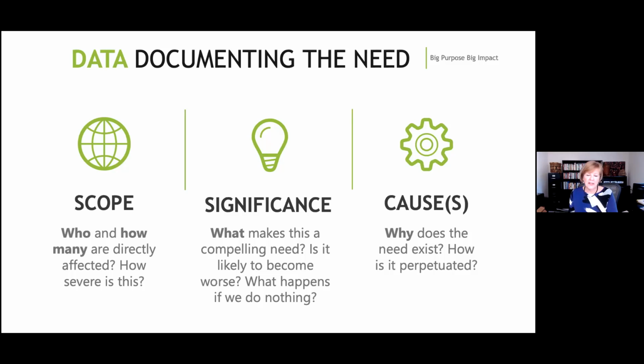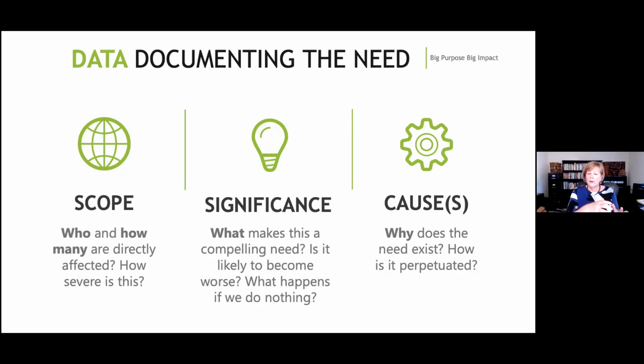Sometimes it's, well, kids don't have access to after school programming. Well, why not? Is it that parents are working, or it's an under-resourced part of a community? So you have to think about all three buckets here.